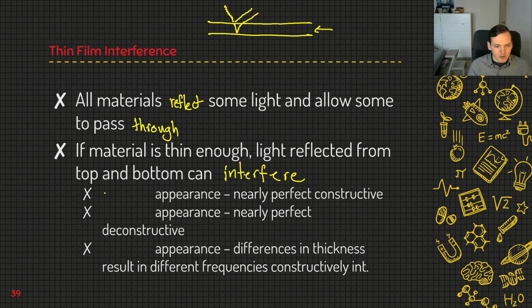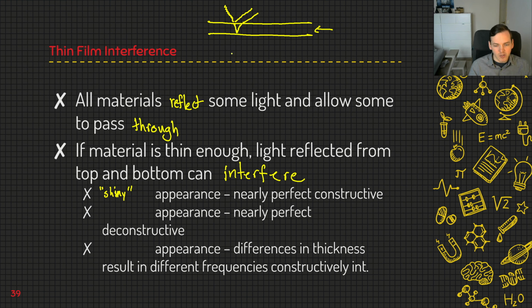You can have a shiny appearance. And this is if we have nearly perfect constructive interference. So in other words, if basically one wave passes by the time it goes through this and comes back, or two waves or stuff like that, then when they line back up, it'll make it brighter.